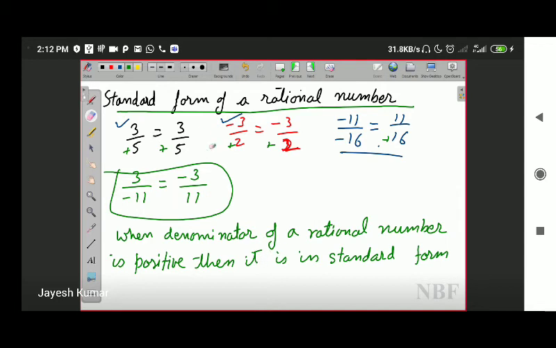Okay. When the denominator of a rational number is positive, then it is in standard form. Fine. Very good. Now, we will move on to the next part of the chapter.